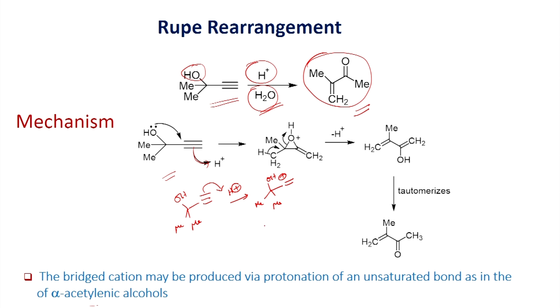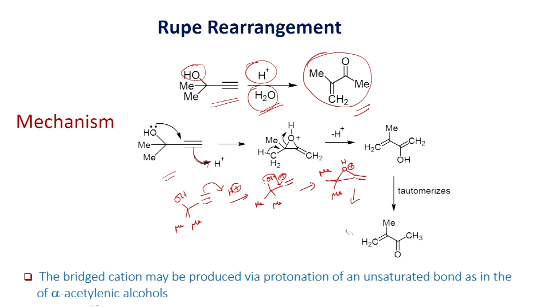this carbocation intermediate. Once we have this, it can undergo reaction to produce this intermediate.